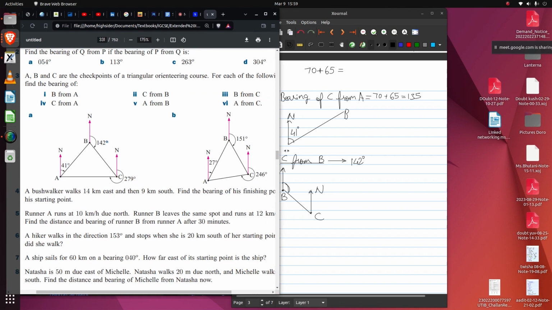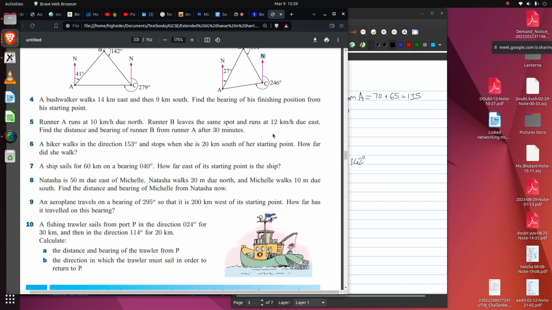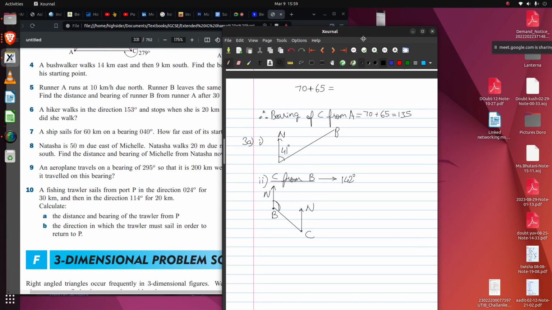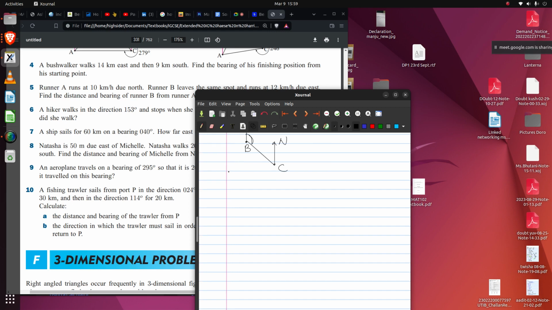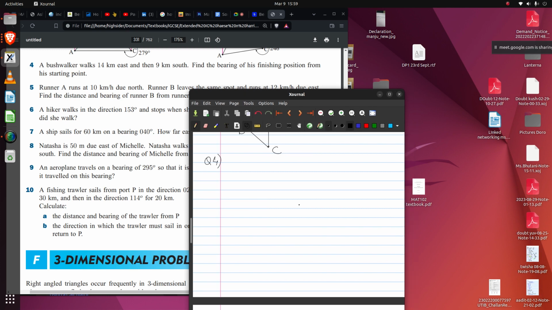So I'll move to the other questions of the exercise so that they are relatively easy to understand. Like question number 4. What is this question number 4? Question number 4 says, a bushwalker walks 14 kilometers east and then 9 kilometers south.